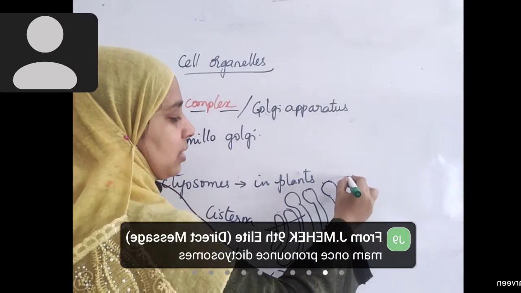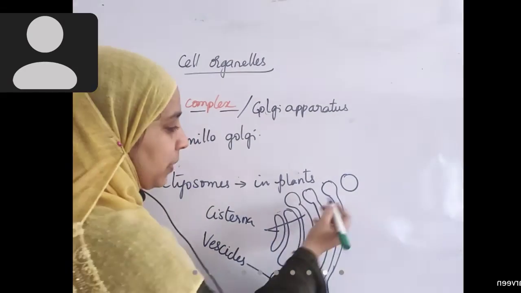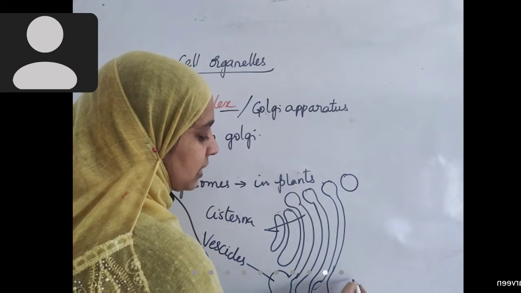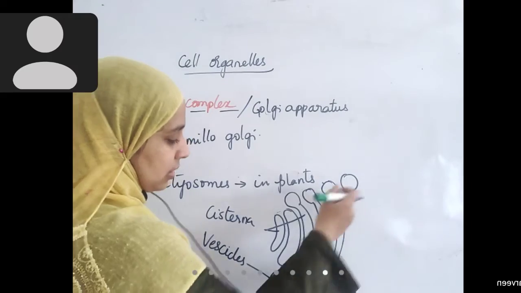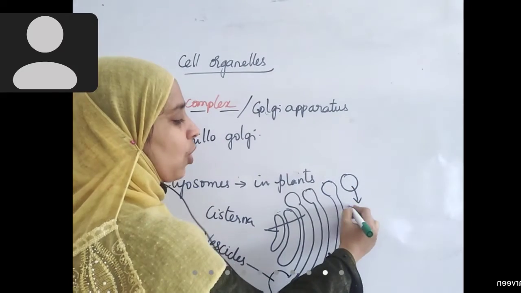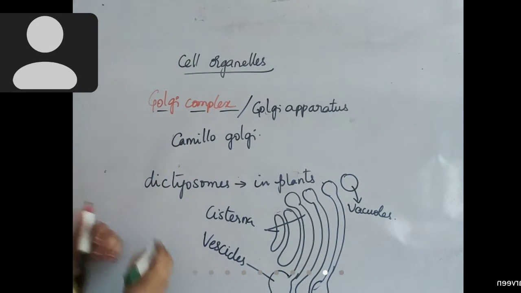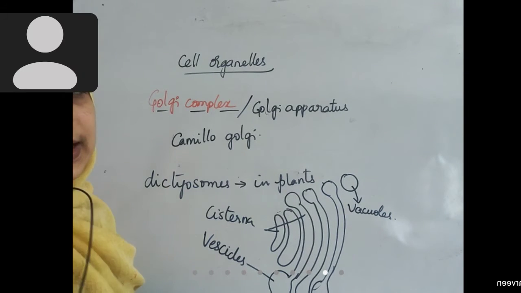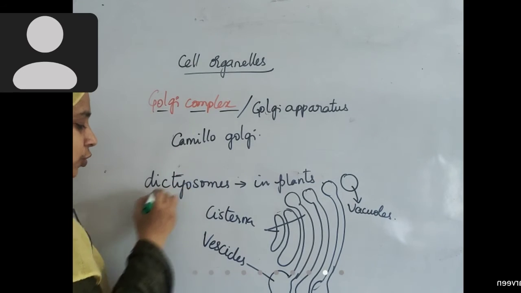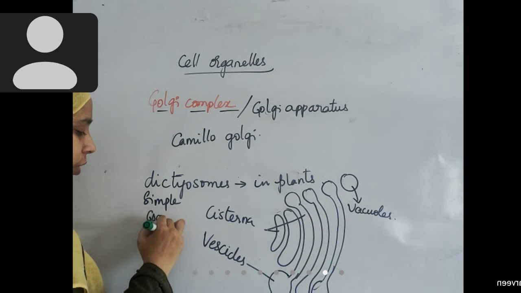Sometimes when the work to be done by the Golgi complex is completed, they get separated from the Golgi complex. What are dictyosomes? In plants, the Golgi complex is simple and it is called dictyosomes. Dictyosomes are simple Golgi complexes.